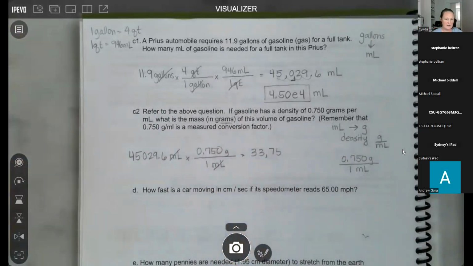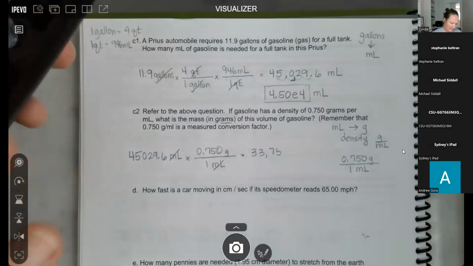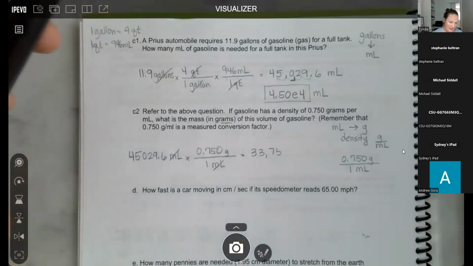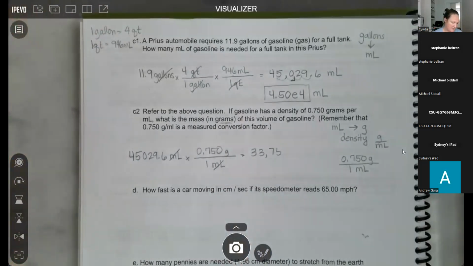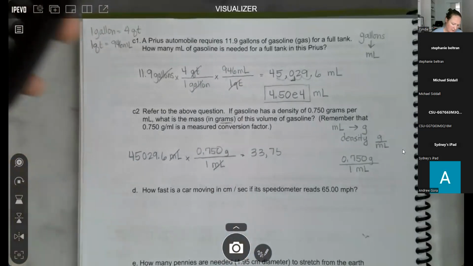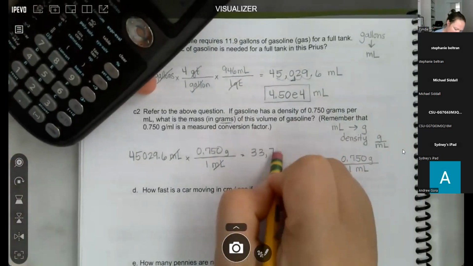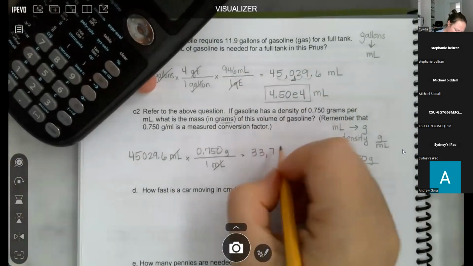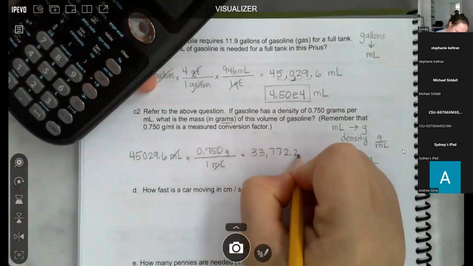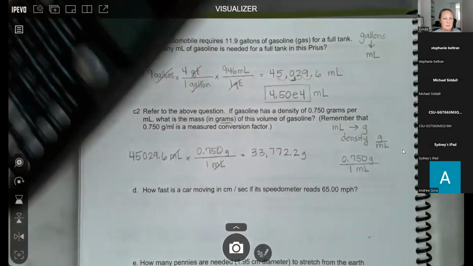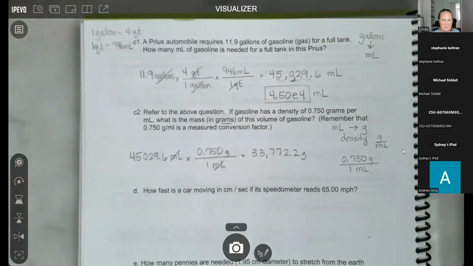If I'm writing down everything that I got, well, let's see, I can go ahead and calculate that out. Say 45029.6 times 0.75. Okay, 33,772.2 grams, right? That's what my calculator gave me.